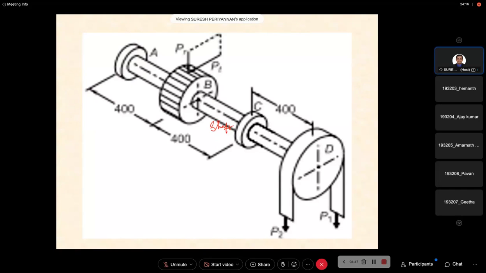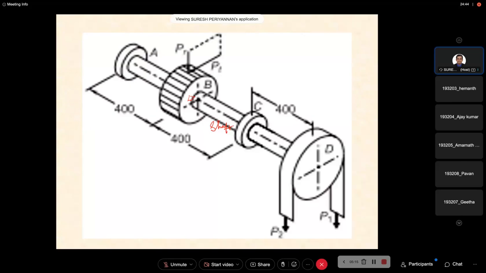Couplings we discussed in the same chapter: different types of coupling, such as flange coupling and muff coupling, and flexible coupling and rigid coupling. Broadly we can classify them as rigid and flexible couplings. How couplings, gears and pulleys are connected to the shaft, we discussed using keys. That's the first chapter.